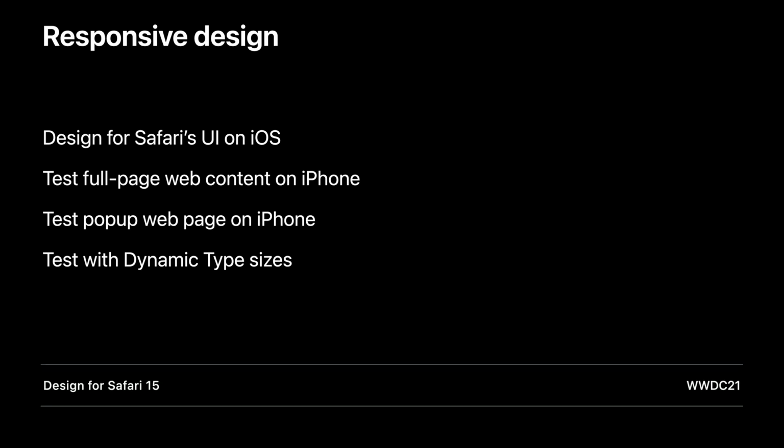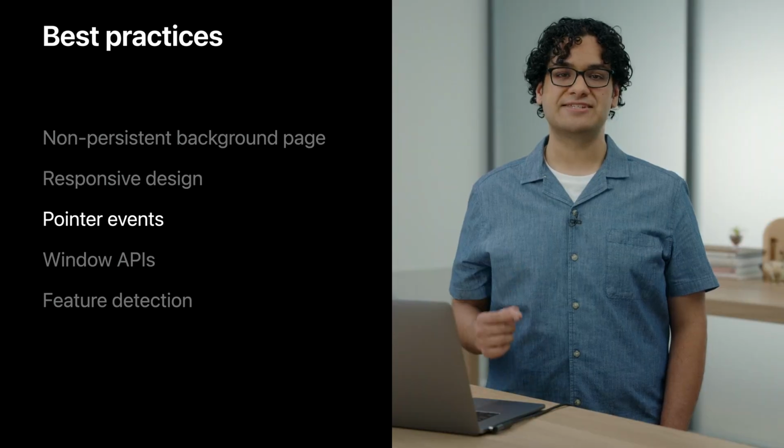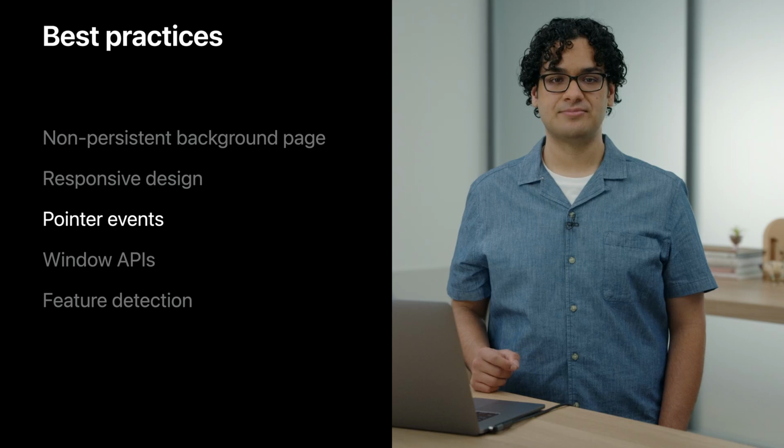And you should test your interface across a wide range of dynamic type sizes to make sure it adjusts for the user's preference. For more tips on designing web content to look great in Safari's new interface, check out Design for Safari 15.